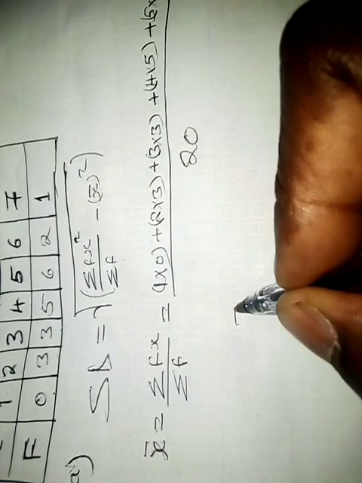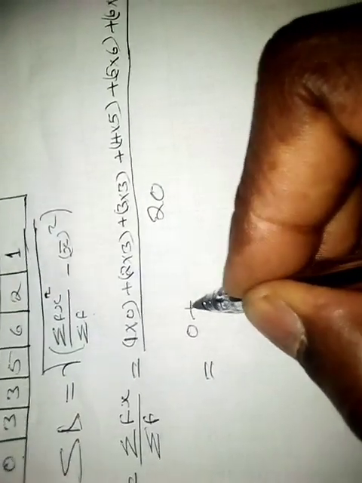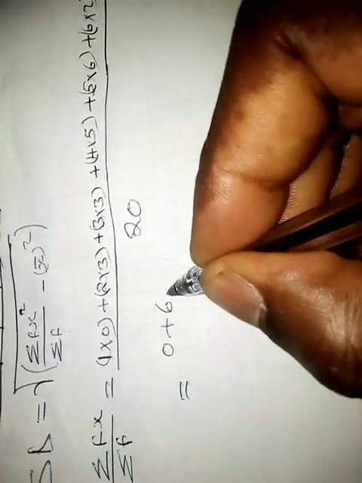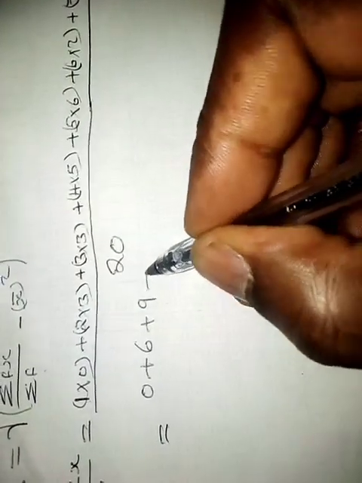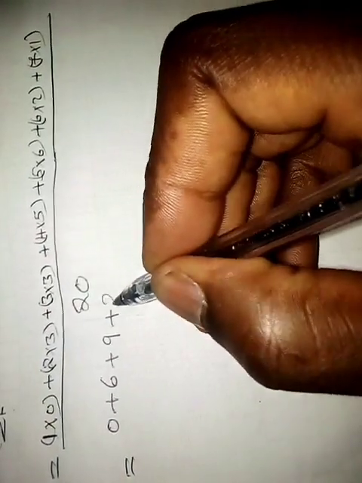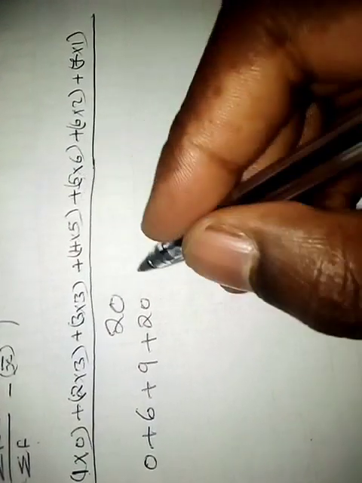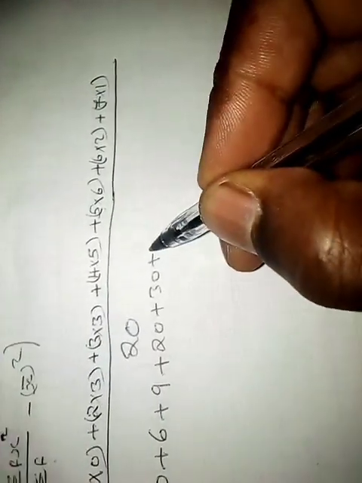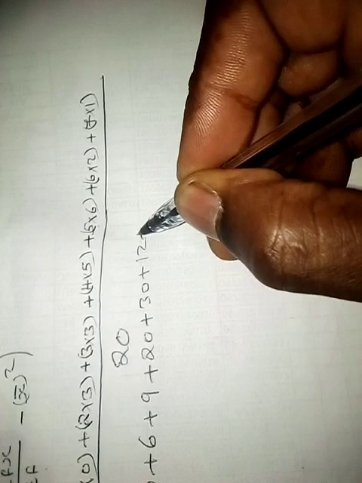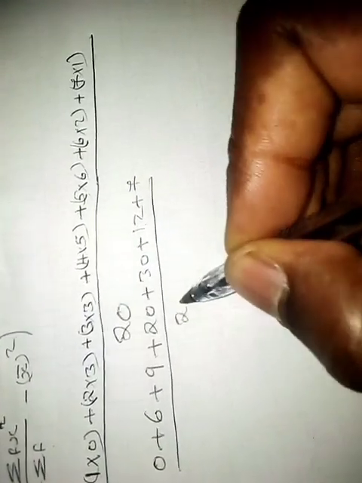So if you simplify, 1 times 0 is 0, 2 times 3, that is 6, 3 times 3, that is 9, 4 by 5, that is 20, 5 times 6, that's 30, 6 by 2, that's 12, 7 by 1, that's 7. Everything you divide all over by 20.